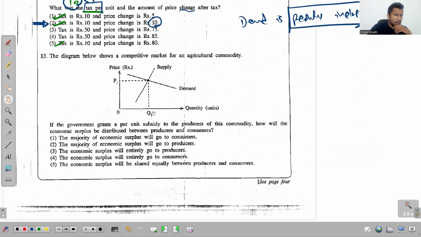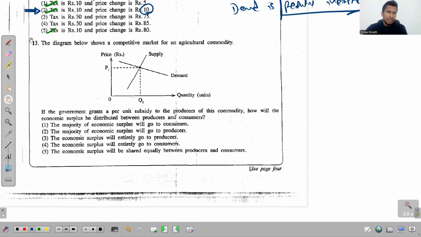Right, the 13th one. It says the diagram below shows a competitive market for an agricultural commodity. See now. By looking at the diagrams, again you can understand a certain quality with regard to both demand and supply. See, the supply curve starts from the quantity axis, and why is that? Because supply is inelastic.